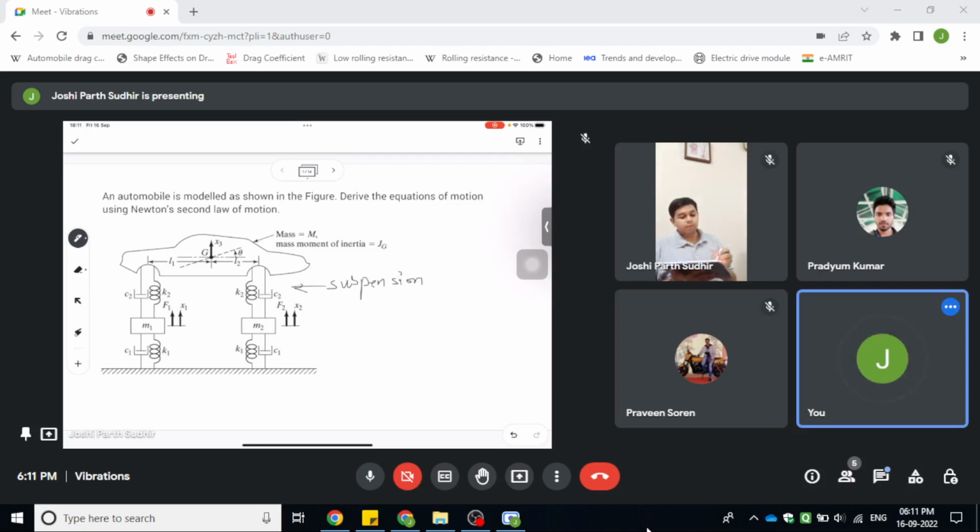And the masses M1 and M2, they represent the front wheels and the rear wheels. So let us say this is the front wheel. So both the two front wheels and rear wheels combine together.